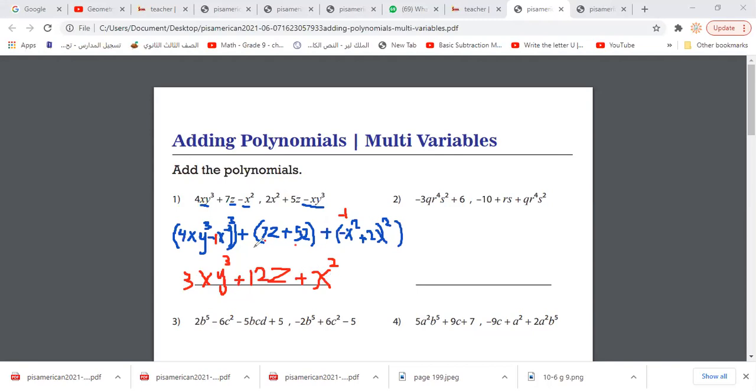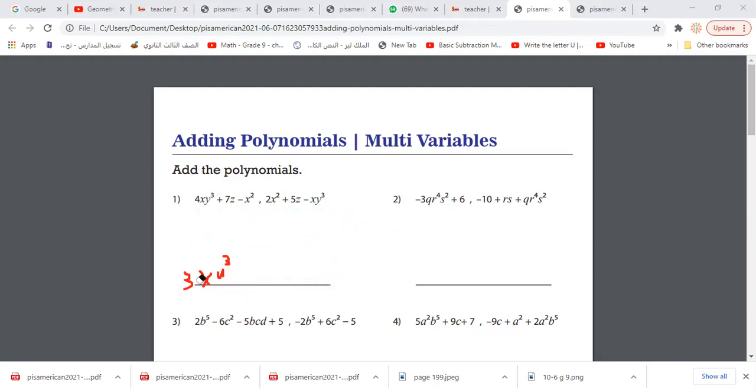Okay? To simplify or to add like terms, we have two different ways. You can separate them in different parentheses and separate the parentheses by the plus sign, or the second method, you can rearrange them vertically. How will you rearrange them vertically?